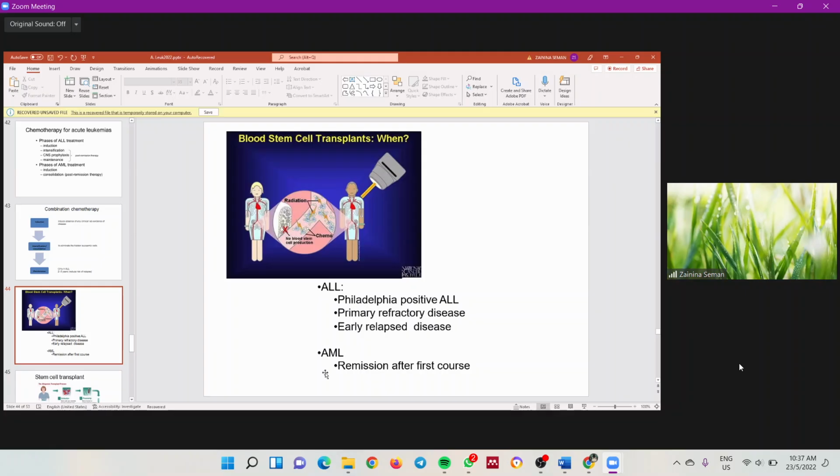For example, in ALL, the more aggressive option is to plan a blood stem cell transplant, when the patient has Philadelphia positive ALL, or whenever the ALL is refractory or in early relapse, whereas in AML, we might need to plan a transplantation after remission from the first course of chemotherapy.